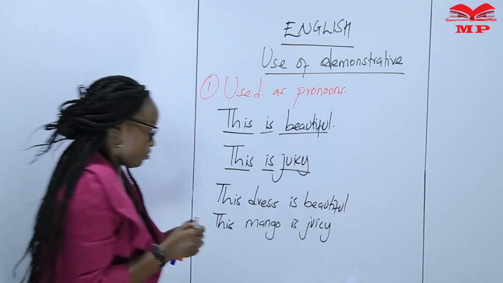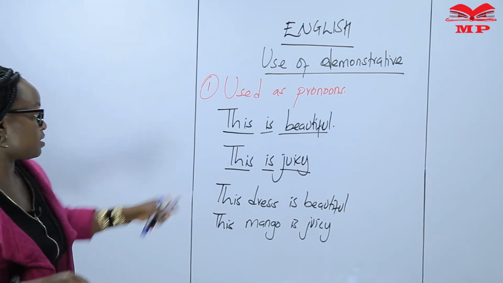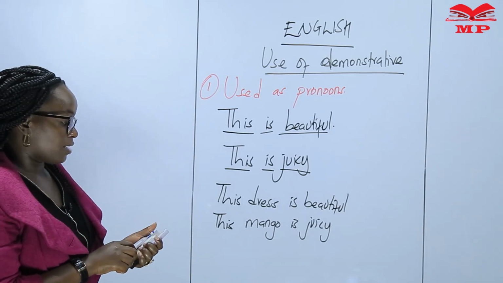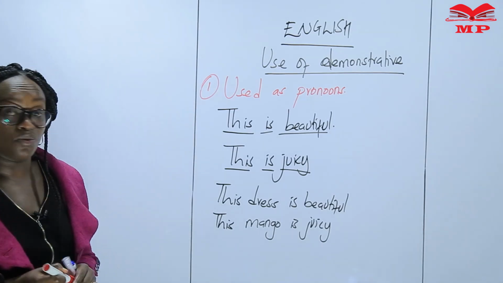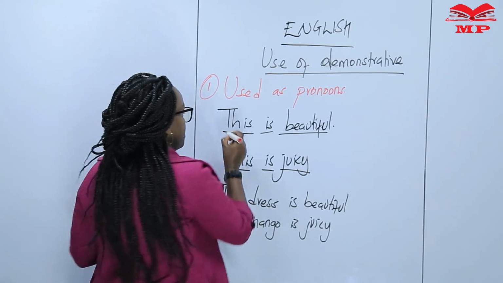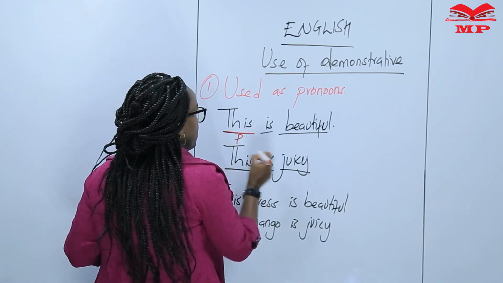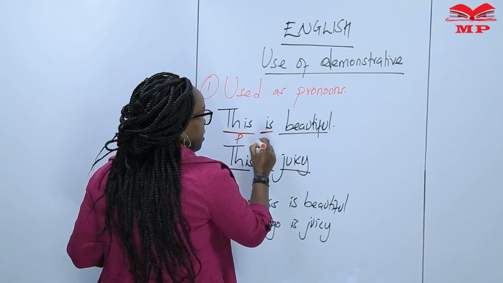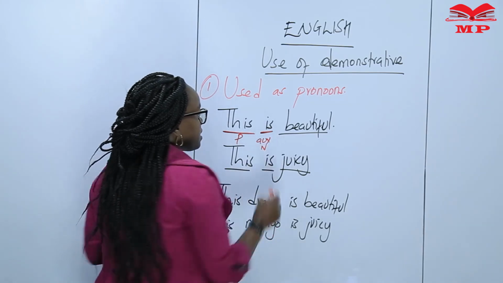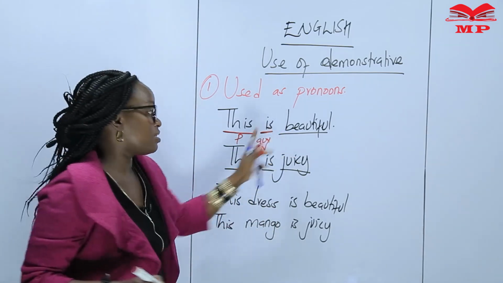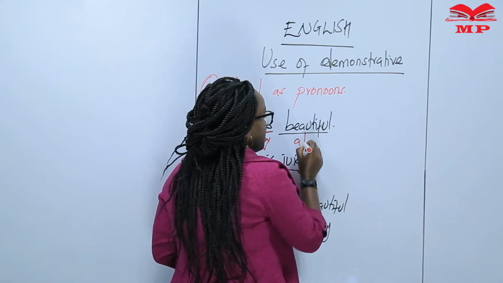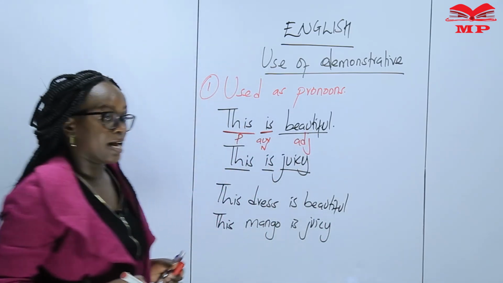I want you to look at those 2 sets of sentences, and tell me whether there is any difference that you note. In this sentence, this is actually a pronoun, and then is actually an auxiliary verb. But in this case, it's actually the main verb in this sentence. Then beautiful, of course, is actually an adjective.